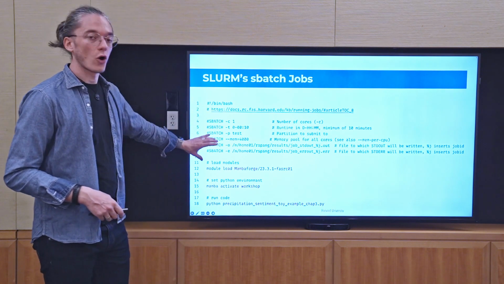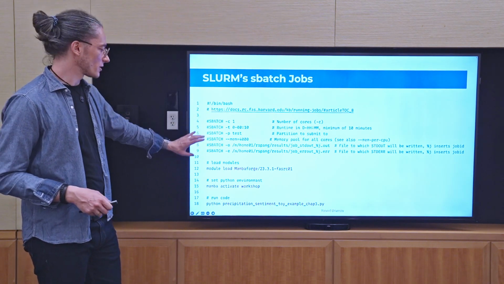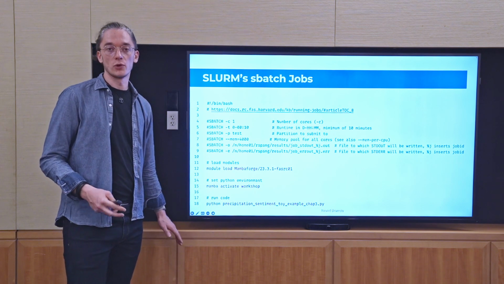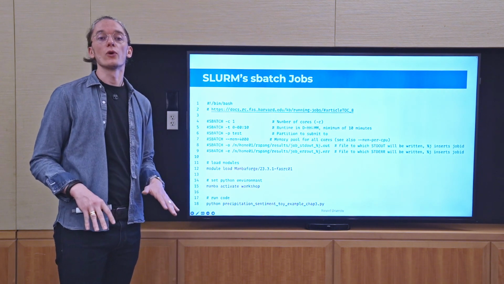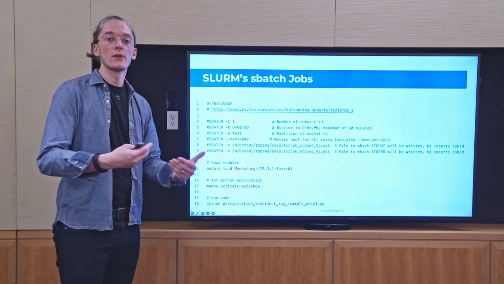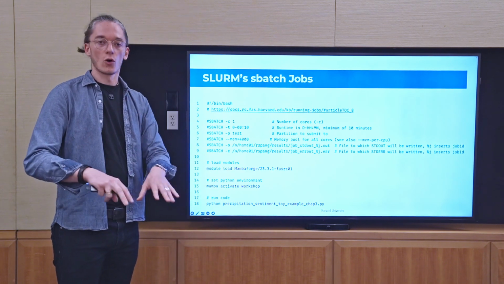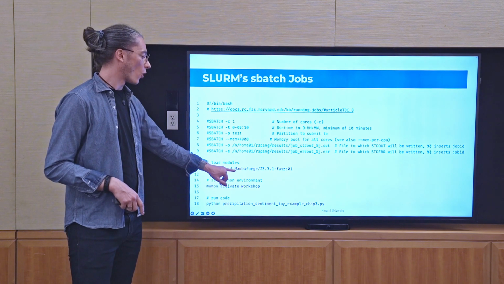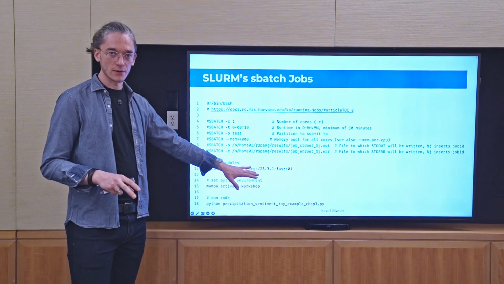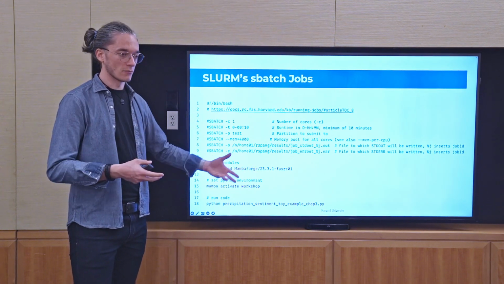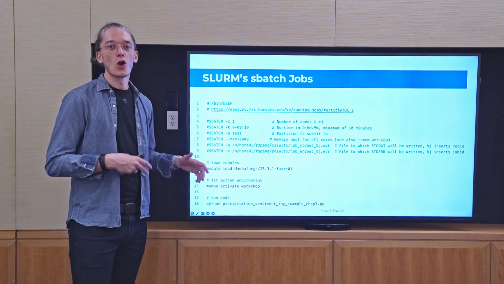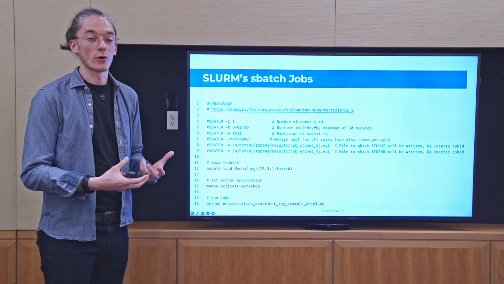After specifying all these Slurm-specific information, you then go on with the commands that should be executed on the compute node, exactly as you would do in your own shell, in your own interactive session or in your command line. So for example, here I first load all the environment-specific modules like Python, Mamba, and everything that belongs there so that I can actually work with it.